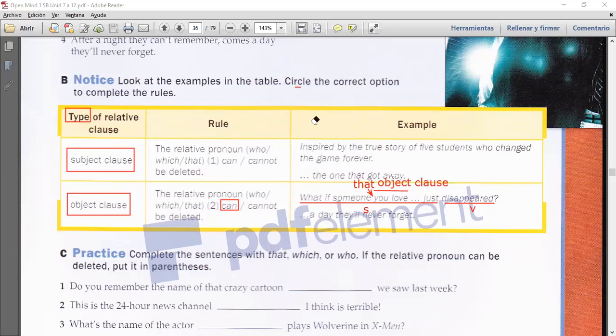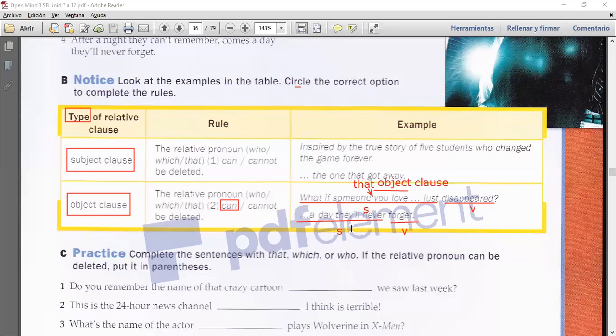A day they will never forget. The same, here we have the subject, and here we have the main verb. You have to try to focus on it. Where is the main verb? What is the main verb? And this is the main verb. And all of this part is considered as a subject.